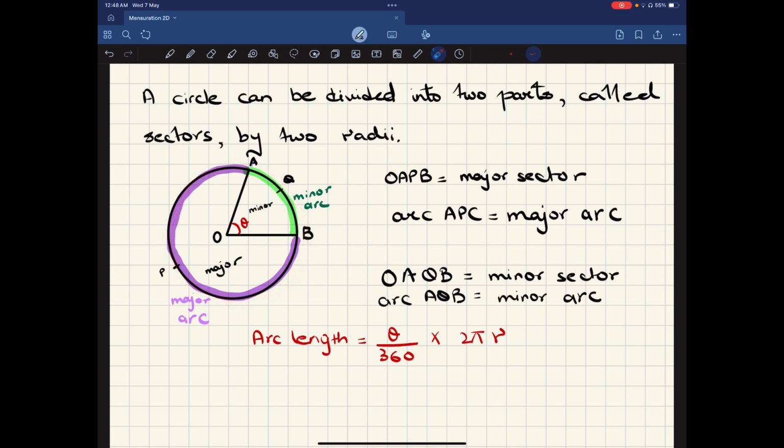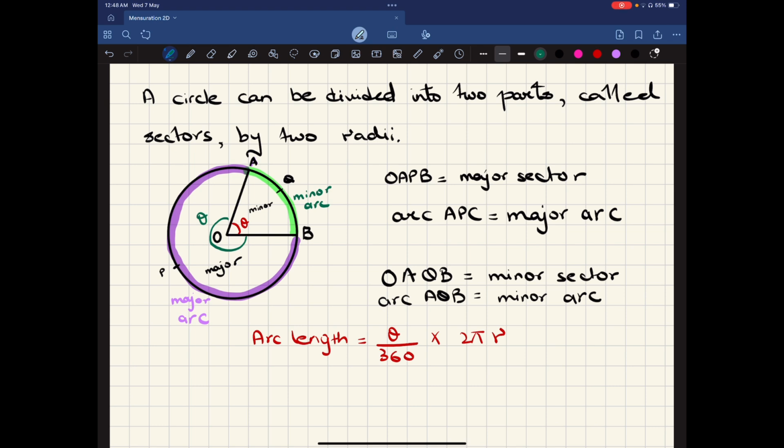How much part is it of the circumference? If this whole is 360, so the entire circumference represents 360 degrees. This minor arc is represented by theta. Okay, so whether you understand this or not, this is the formula for calculating the arc length. Now, if it is the minor arc length, we're going to use the value of theta as this. However, if we're calculating the major arc length, then we're going to find this value and put this as theta in the formula.